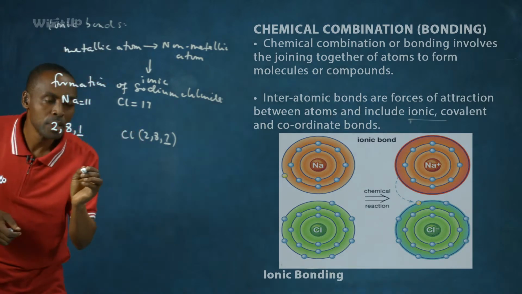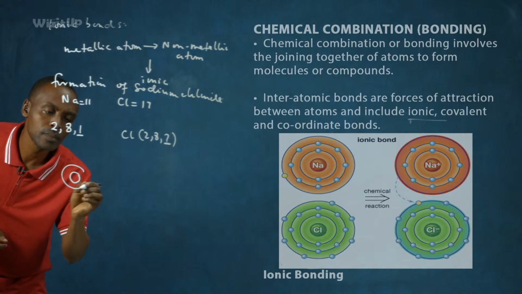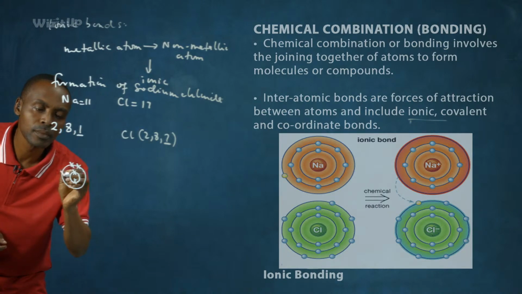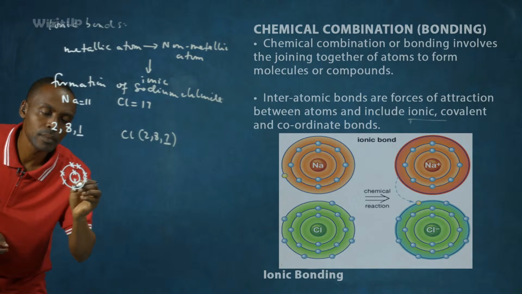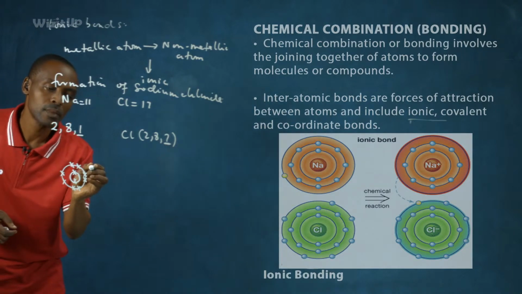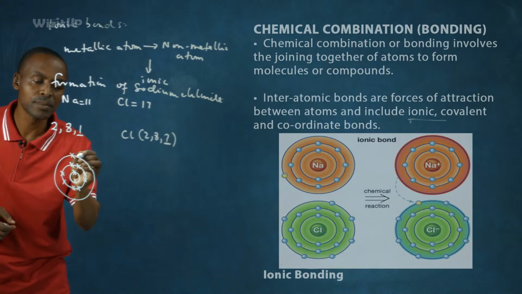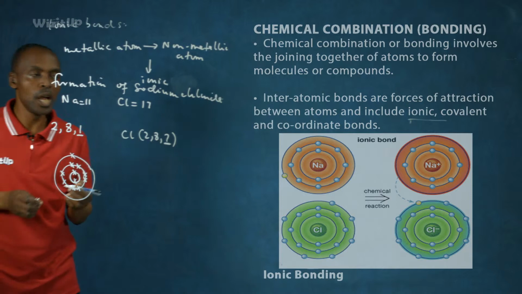First, for the sodium atom, we have 2 electrons, 8 electrons, and 1 electron.